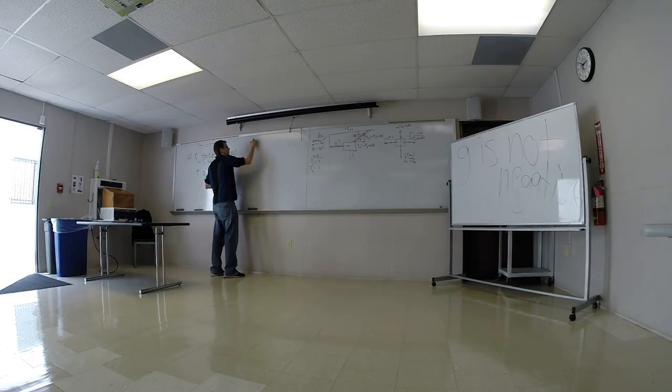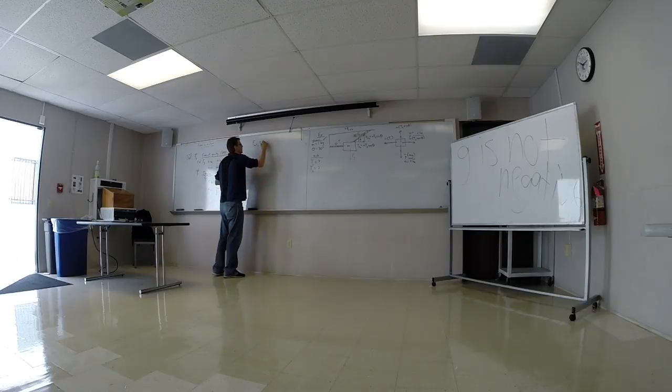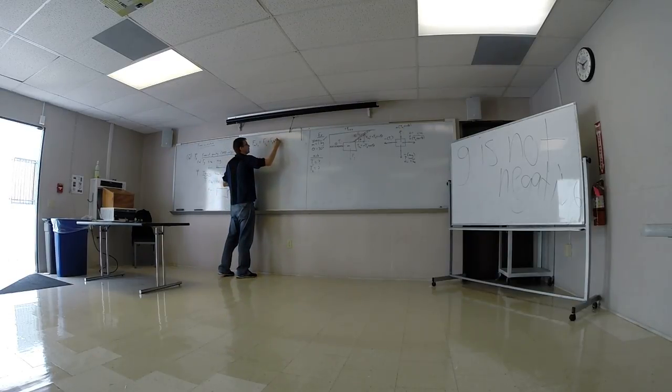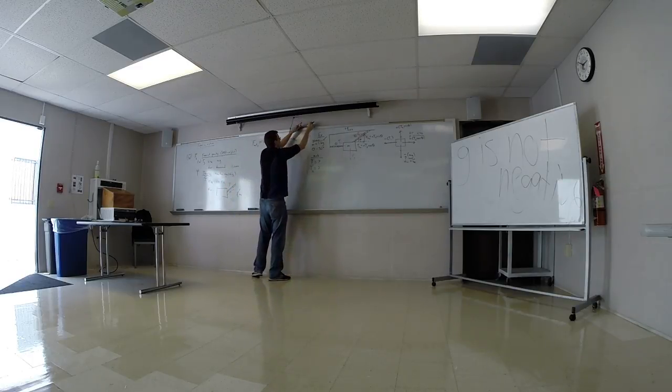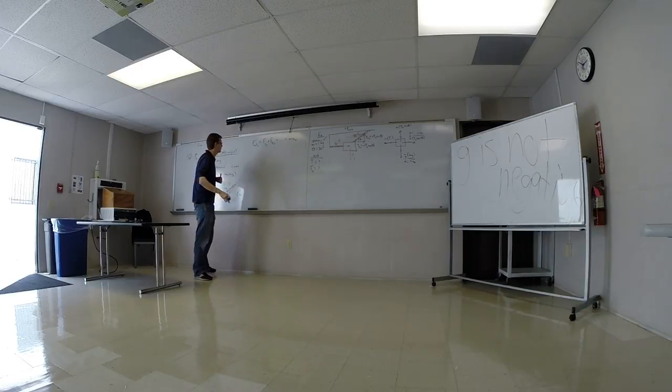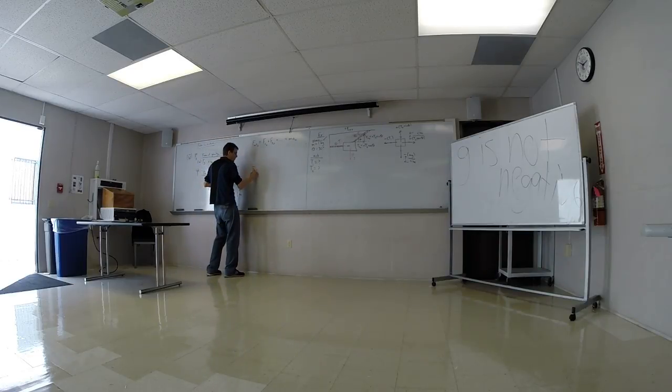So we talked about the process of vector addition. F net x equals max. Looks like this. There's my x equation, and I'll leave a couple lines, and I'll do my y equation.